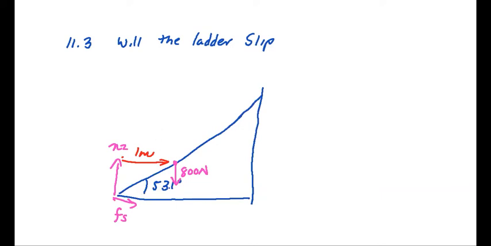The weight of the ladder is centered right in the middle, right there, and this is 180 newtons. Its lever arm is going to be half of that 3 meter leg, so we'll put that in red. That's going to be 1.5 meters.